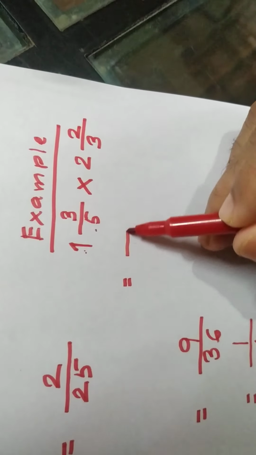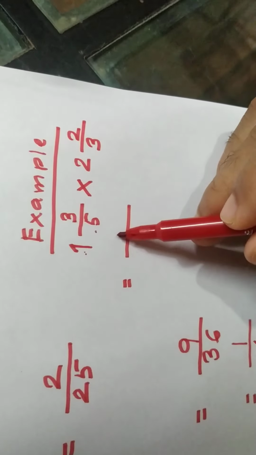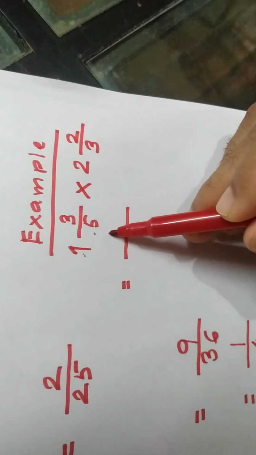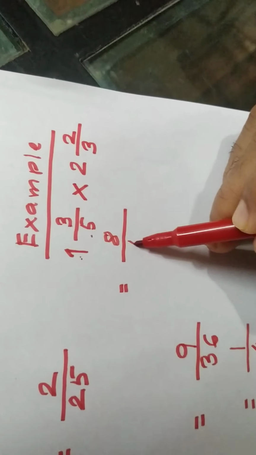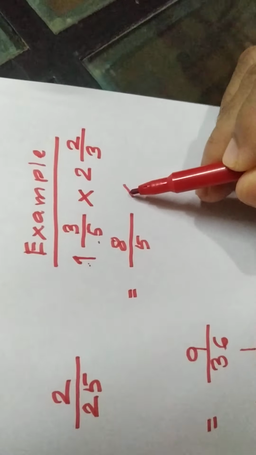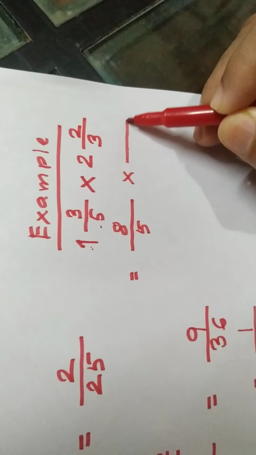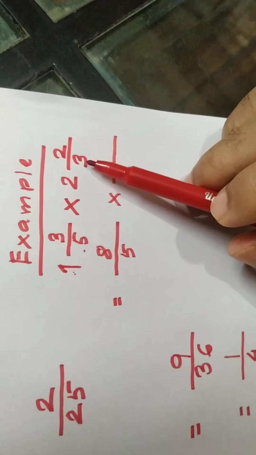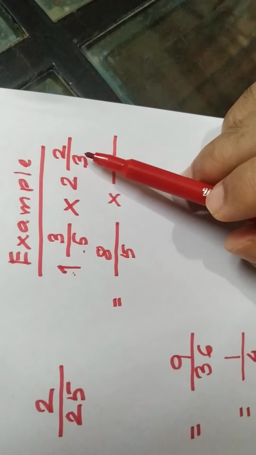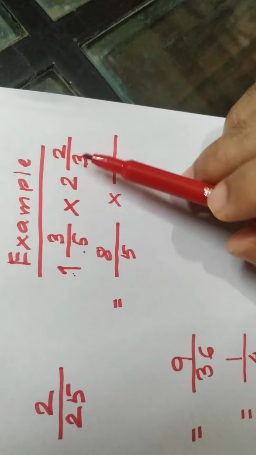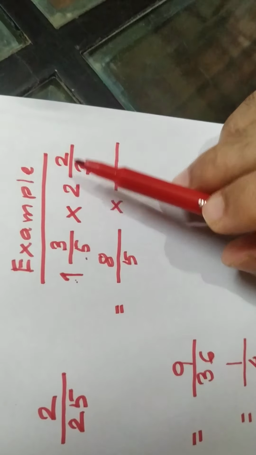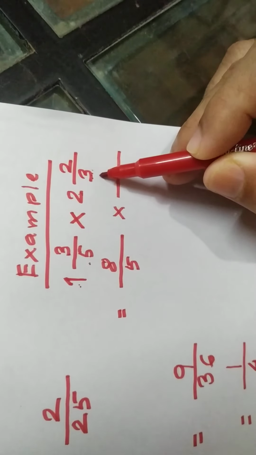So 5 times 1 is 5, added to 3 gives us 8. So it is 8 by 5. Now what about the second mixed number? There is 3, there is 2. So let me multiply 3 with 2. 3 into 2 is 6. 6 plus 2 is 8. So I get 8 by 3.